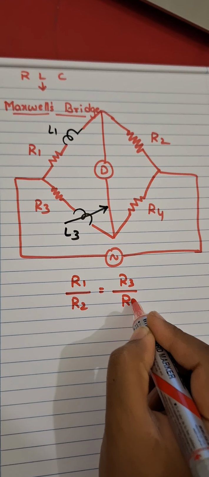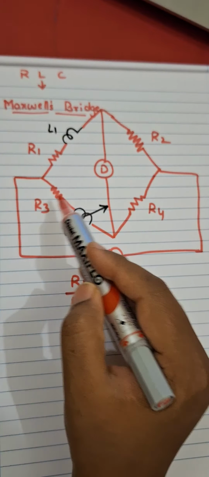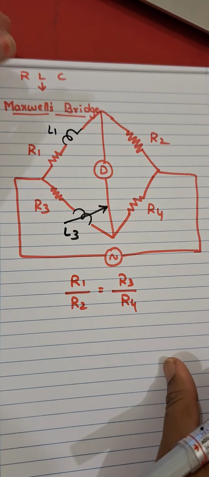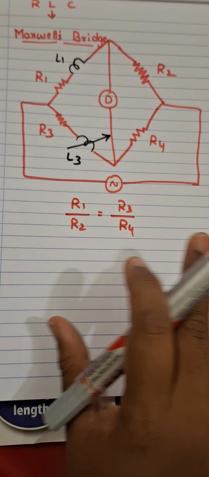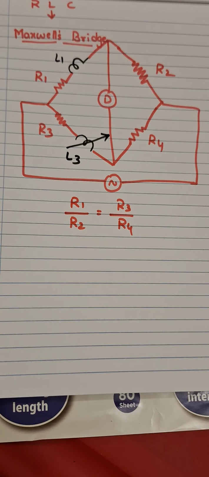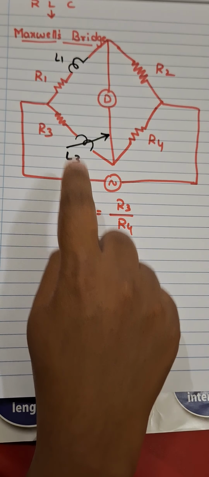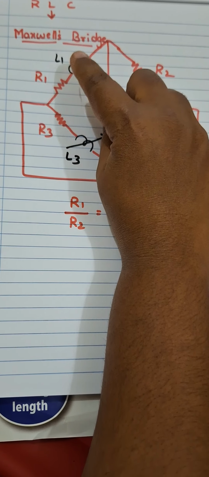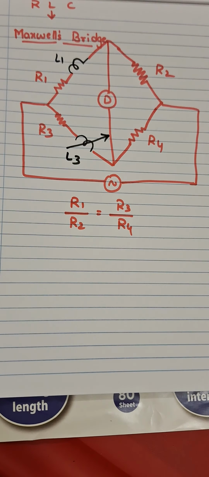If we are having a bridge thing, 1 by 2 is equals to 3 by 4. That's what we know. So just blindly apply the same thing here. But here, instead of resistance, what is there? Resistance with a combination of inductance is there, right?